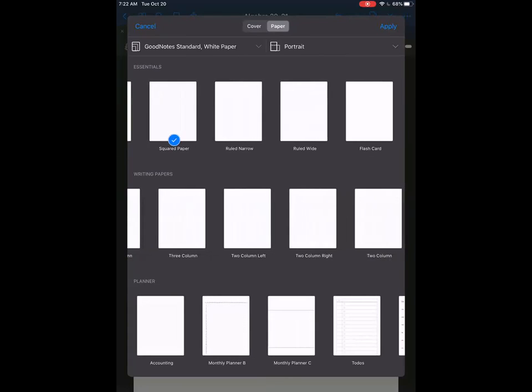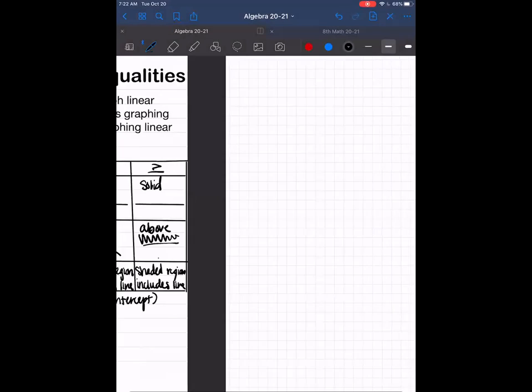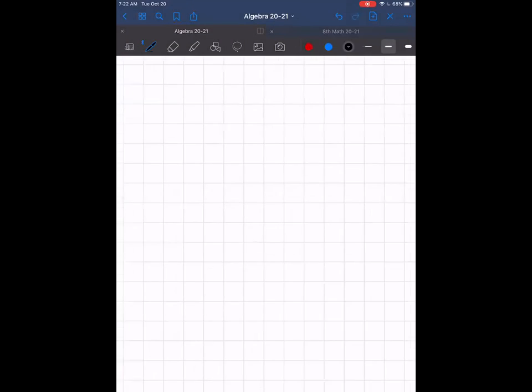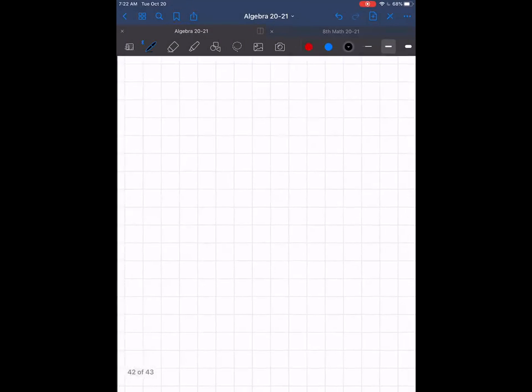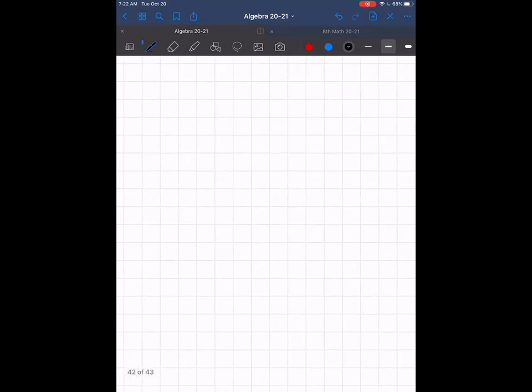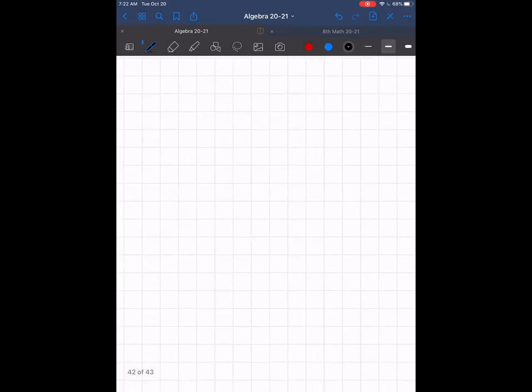Oh, there we go. Okay, so I'm going to do number 1 on the practice document for you. You can go ahead and open it up and do it on there. I'm just going to do it on my notes page just to save some time. But the equation is y is greater than x plus 3.